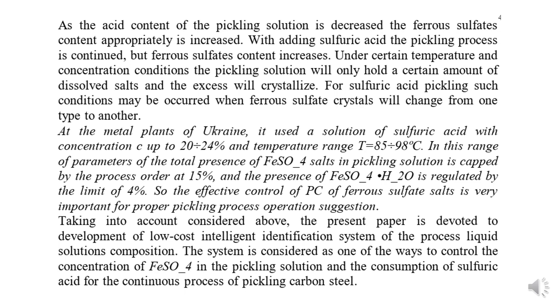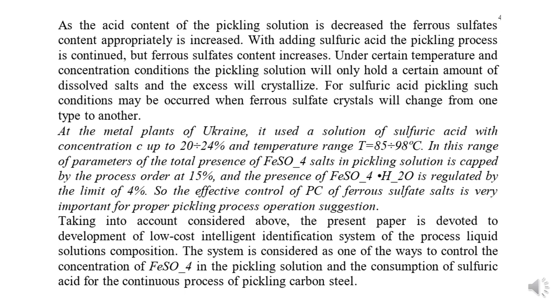At the metal plants of Ukraine, a solution of sulfuric acid with concentration up to 20 or 24% and a temperature range from 85 to 98 degrees Celsius is used.